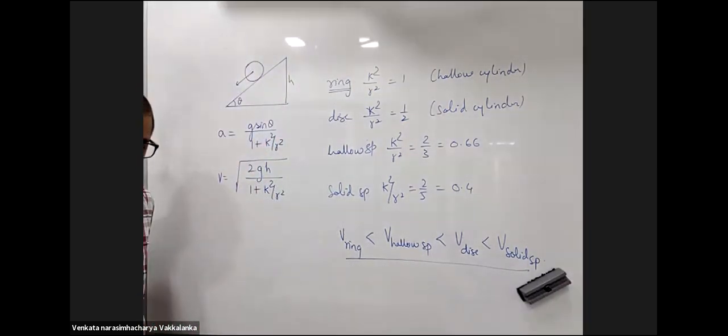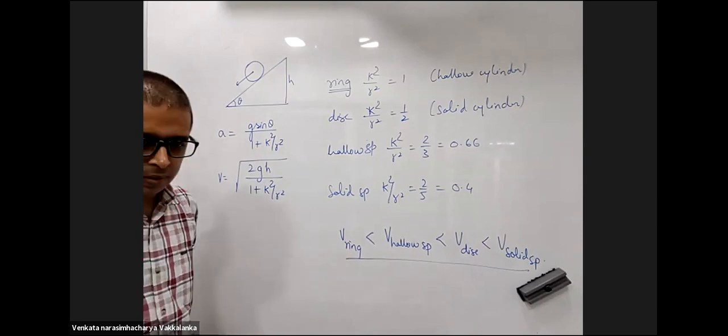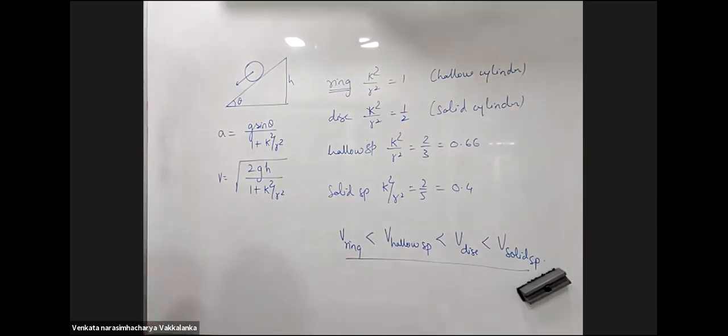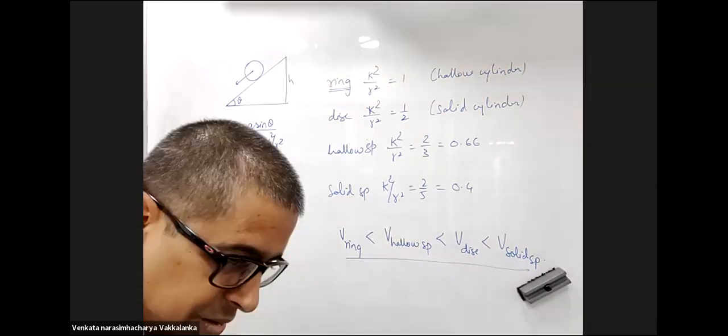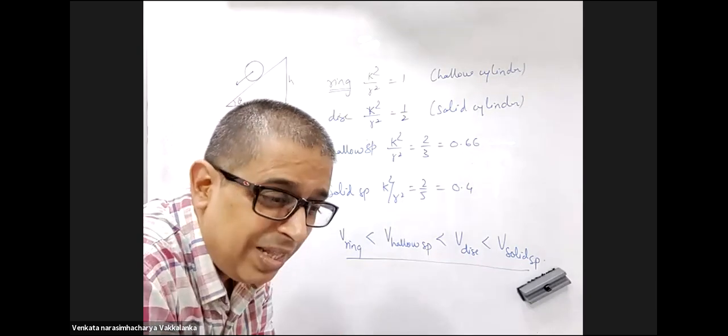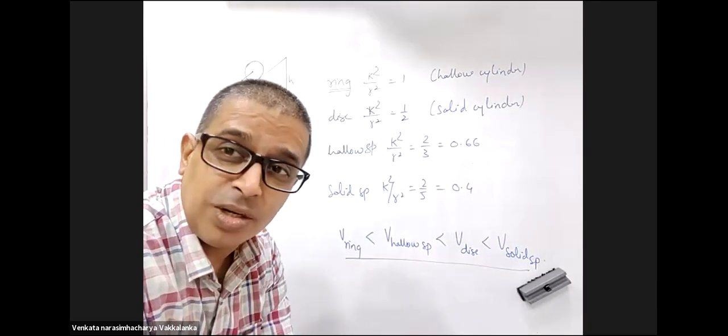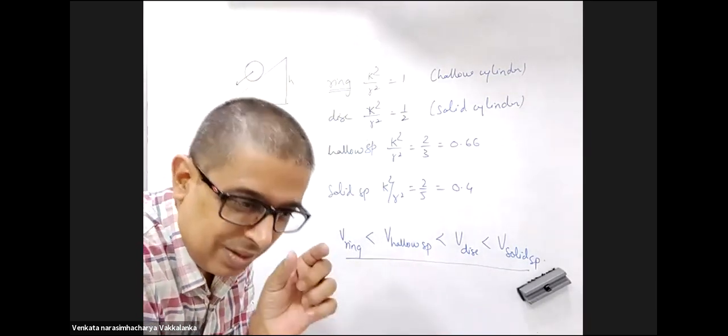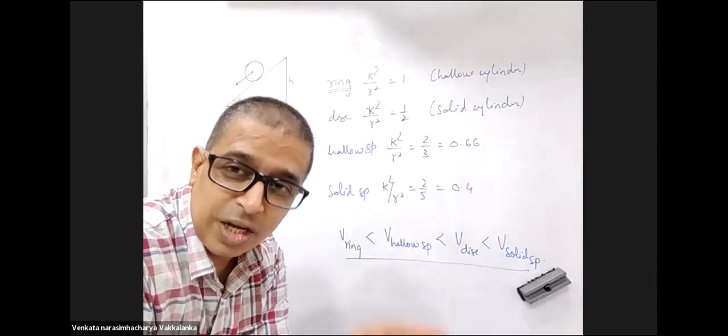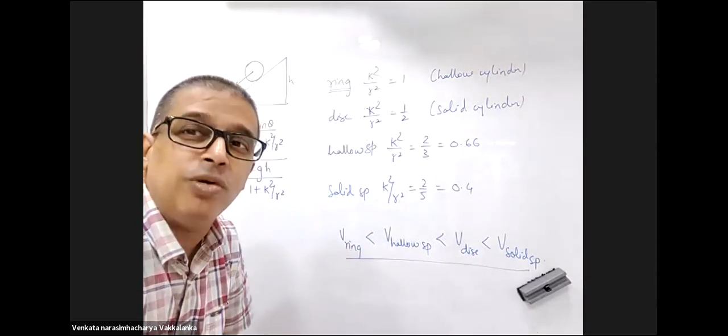Can I rub the board? Just a minute. Yes, sir. I had a doubt: what we derived for the acceleration and the velocity of the center of mass was for uniform bodies. So here, in the video, since the mass is not equally distributed, the acceleration and the velocity won't be independent of mass distribution. Yes, in the last system, the two discs are not uniform.